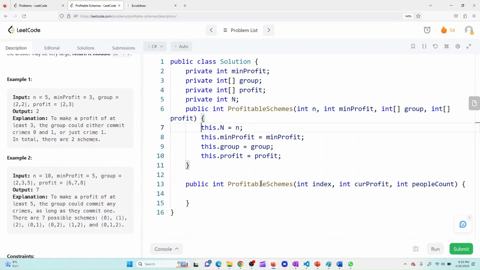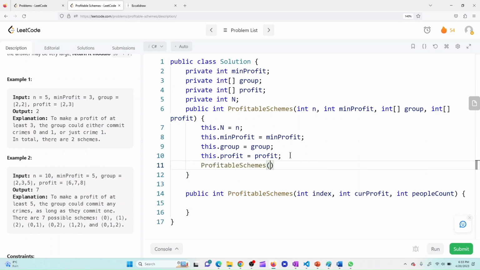And then I'm going to call my helper function. I am going to start with my index, which is 0. In the start I have a profit of 0, and I don't have any people involved, so my count is 0. And we are going to return the result from here. Sounds good.